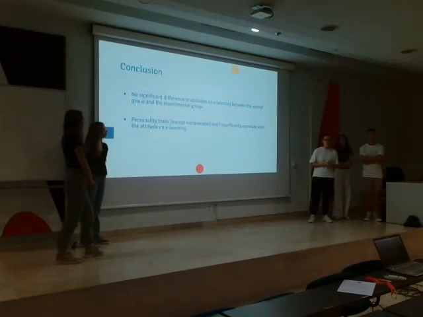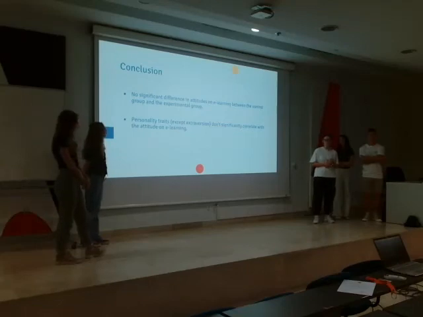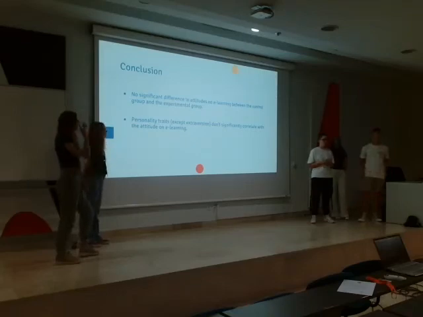So in conclusion, our results showed us that there is no significant difference in attitudes on e-learning between control and experimental groups, and that personality traits, except extroversion, but not significantly, don't significantly correlate with the attitude on e-learning. But like I said, there are some problems with our participants, with our sample.